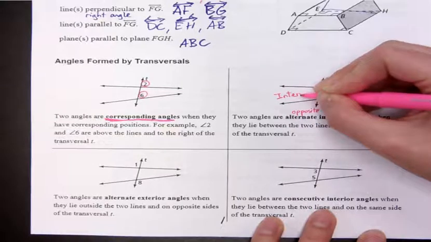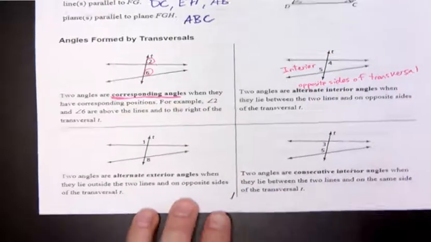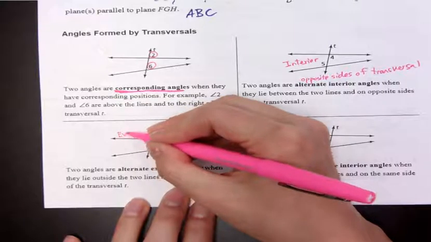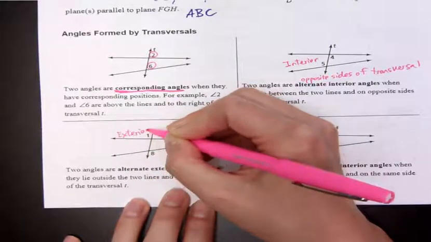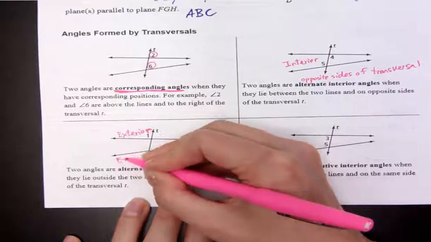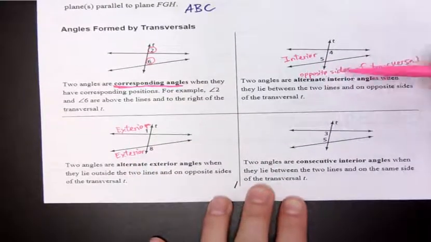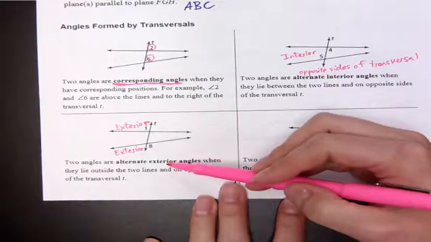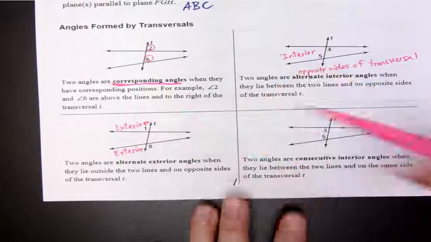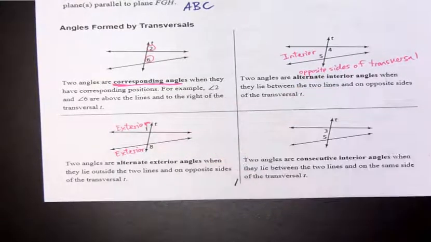So interior would always be in the middle, versus this next one, exterior, is outside of those lines. So alternate interior angles, alternate exterior angles, they're just on opposite sides of the transversal and either inside the two lines or outside the two lines.